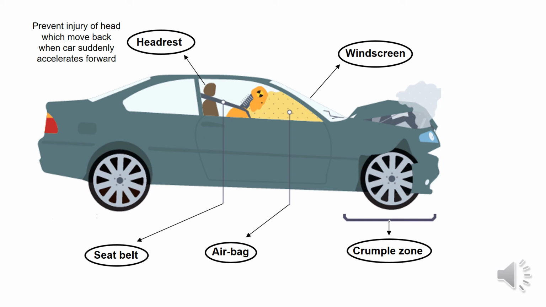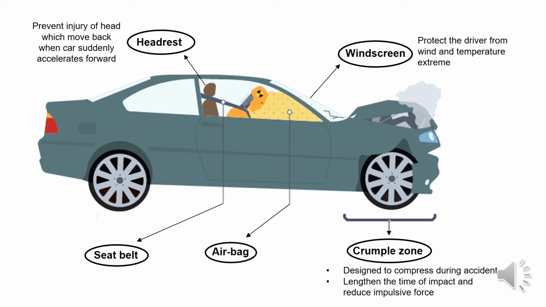Second, the windscreen was designed to protect the driver from wind and temperature extremes. Third, the crumple zone was designed to compress during an accident.